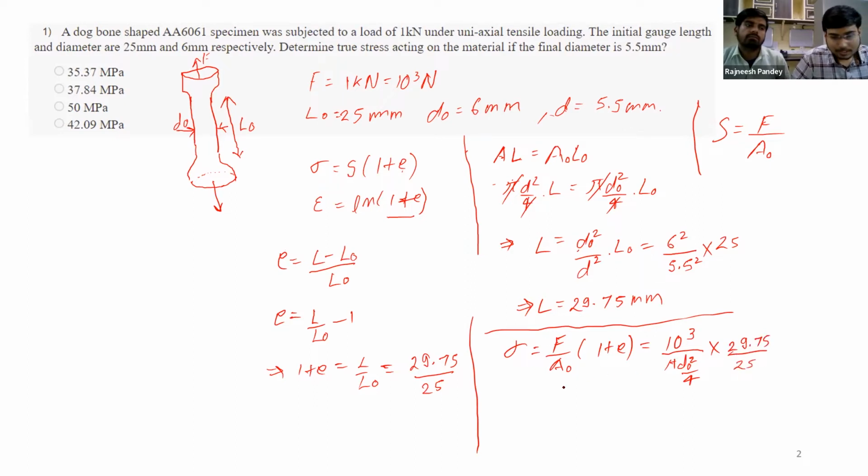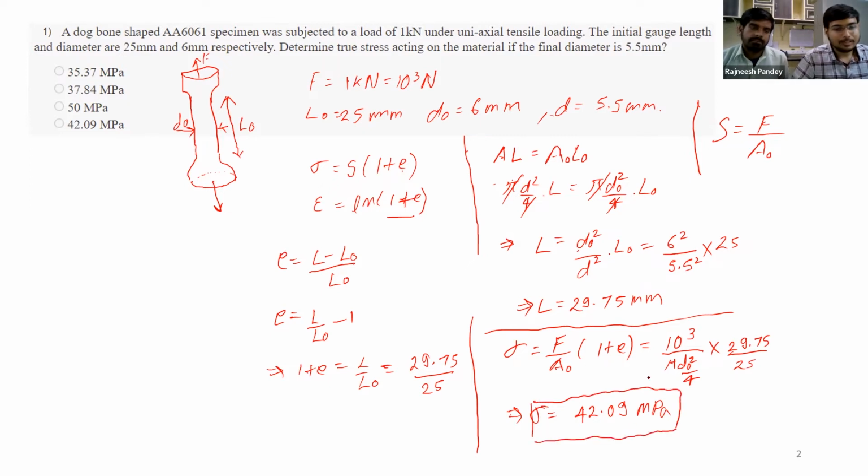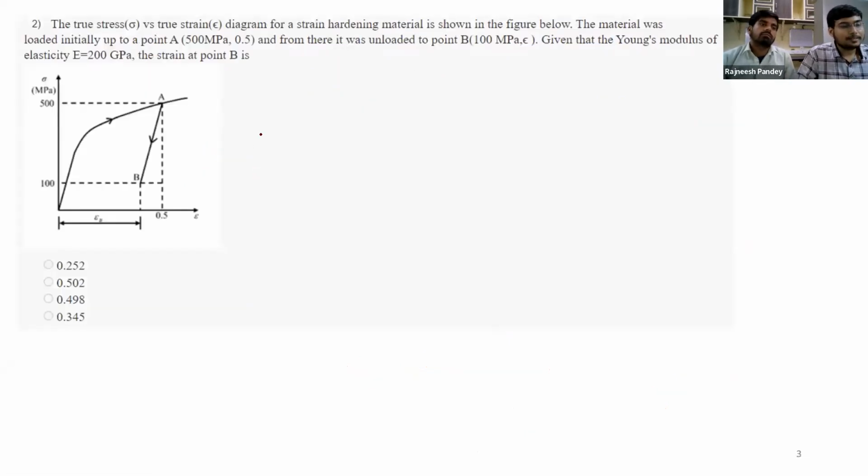If we substitute the values and calculate, we get sigma equal to 42.09 megapascal. So this is the value of true stress, and the answer would be 42.09. So let us move to the next question.